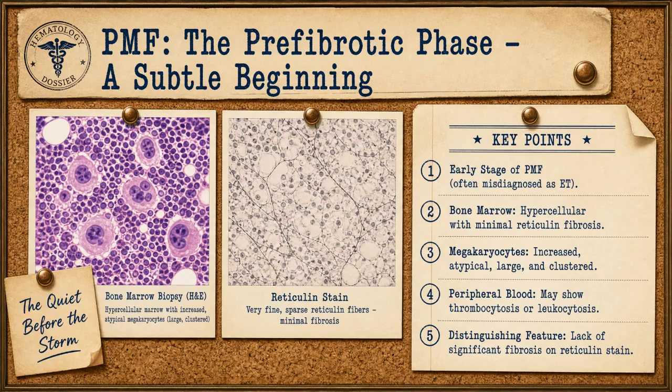It requires a very keen eye and a high index of suspicion to catch PMF in this prefibrotic stage, as the overt signs of fibrosis are not yet present. Your meticulous attention to megakaryocyte morphology and the reticulin stain is paramount here. It's a subtle but crucial diagnosis to make, as early identification can impact patient management. Next, we'll move on to the more overt and often dramatic fibrotic stage.